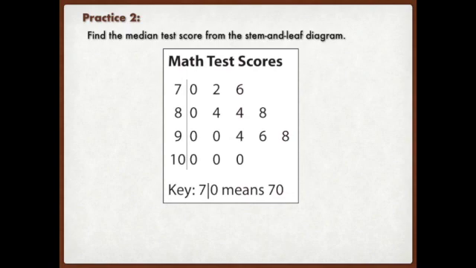So you're counting half of the numbers here. So there are a total of 15 scores. So we have 0 is 1, 2 is 2, 6 is 3, 4, 5, 6, 7, 8, 9, 10, 11, 12, 13, 14, 15. Okay, so we have a total of 15 scores, or leaves.